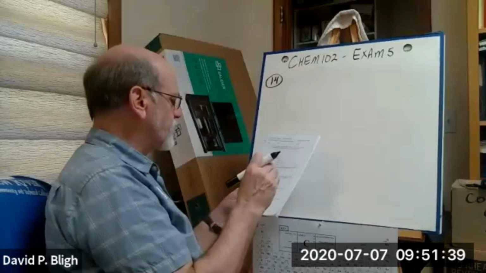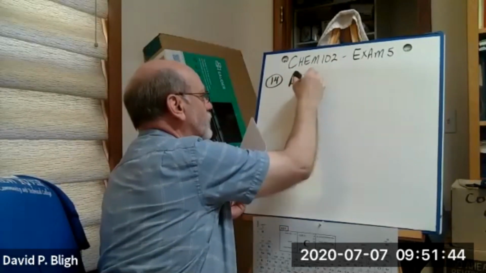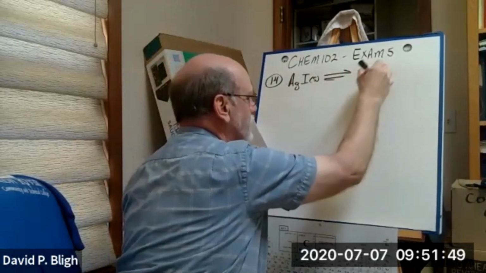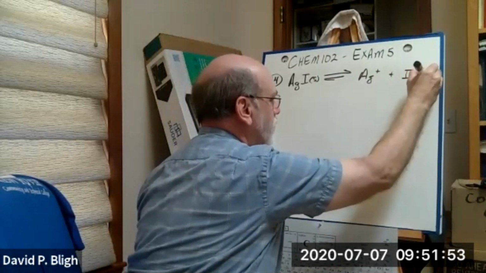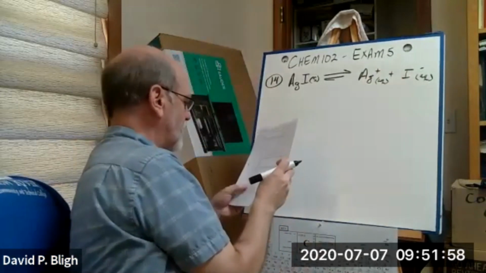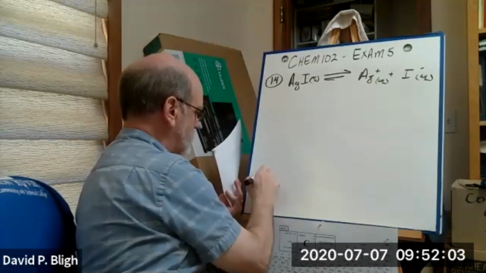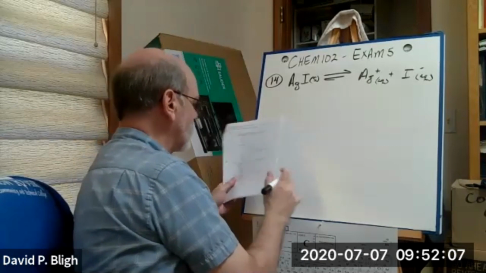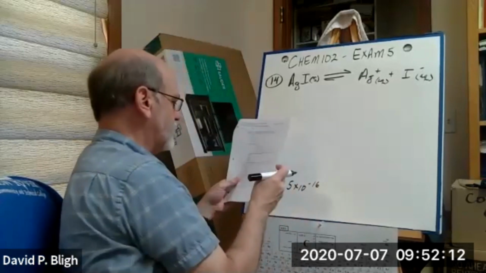So we're given the Ksp for silver iodide. What does silver iodide do? Solid produces this and this. Here we go. And the Ksp, I'll put it way down here, for silver iodide is 1.5 times 10 to the minus 16.